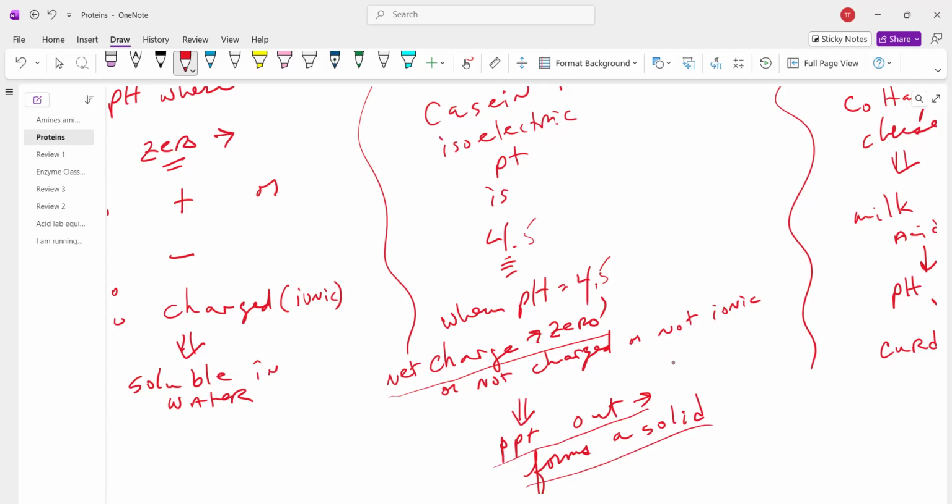So, who knows how to make cheese? Has anyone made, I made mozzarella before. That's interesting. We should talk about that after. I've been trying to make that. Anyway, has anyone made paneer or cottage cheese or any of those type soft cheeses?